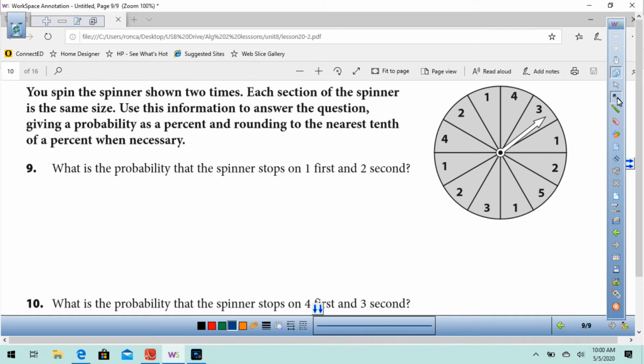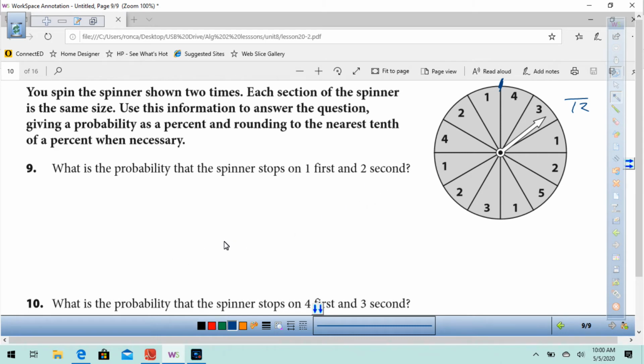So number 9. What is the probability that the spinner stops on 1 first and 2 second? All right, let's see. Well, we need to count how many there are. 1, 2, 3, 4, 5, 6, 7, 8, 9, 10, 11, 12. So there are 12.